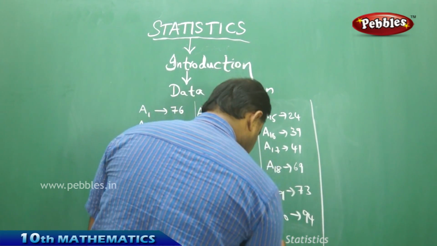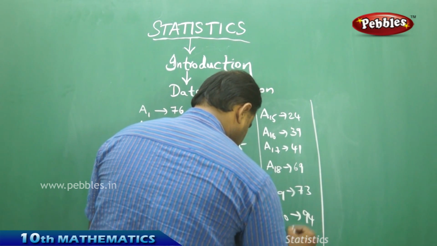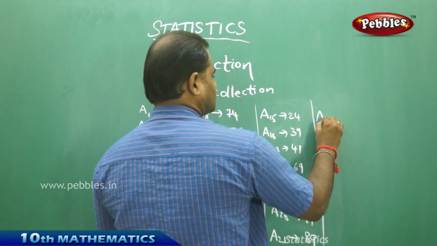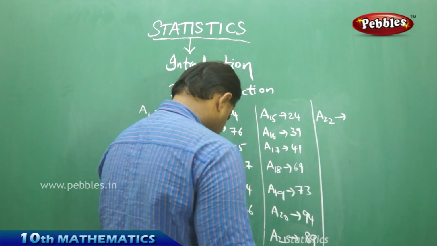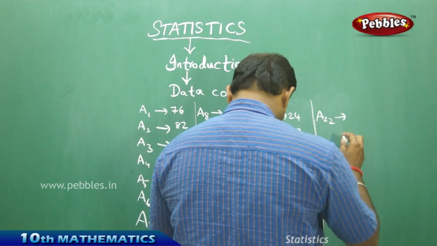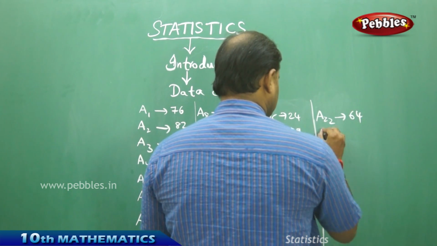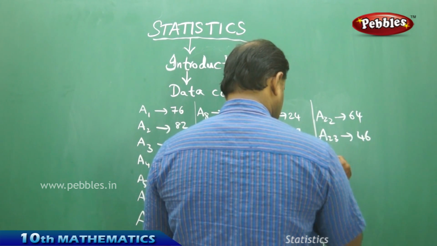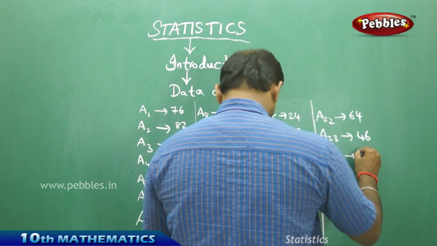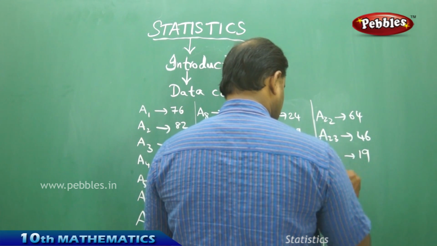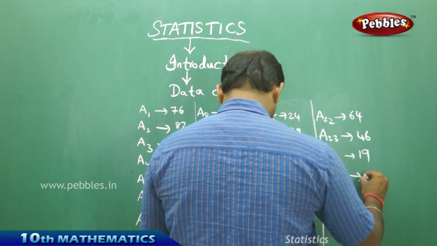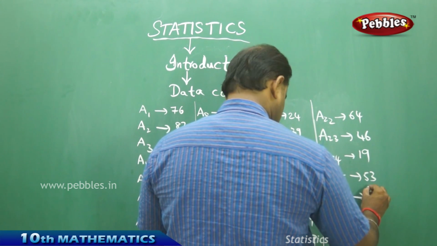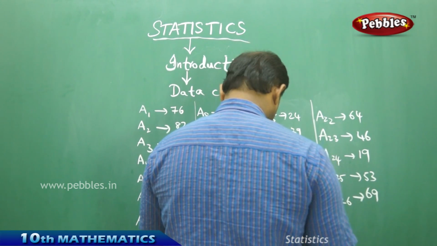Next, A21 which is 89, and next A22 which is 64, and A23 which is 46, A24 which is 19, A25 which is 53, and A26 which is 69.